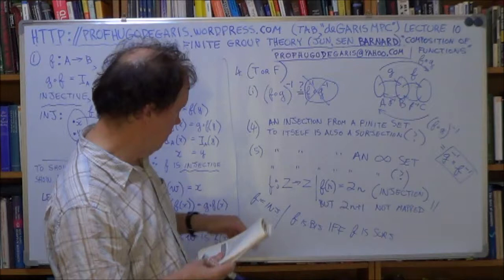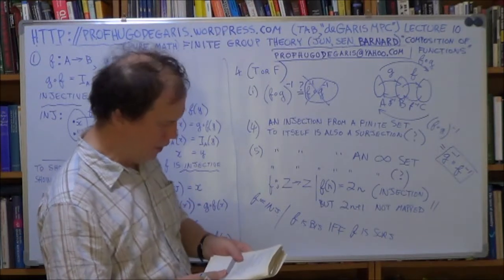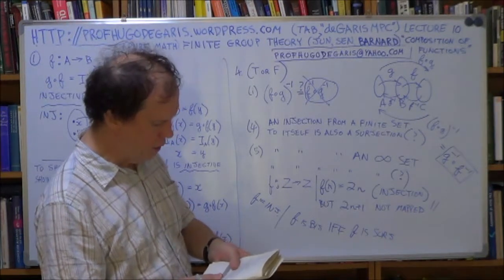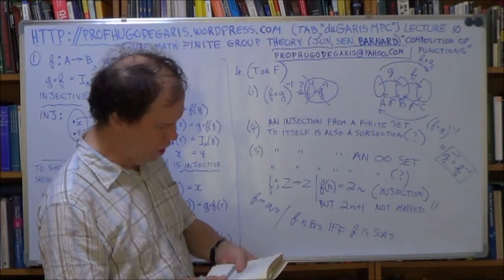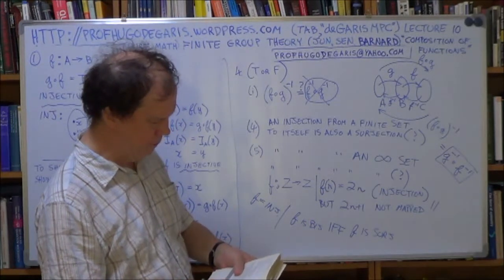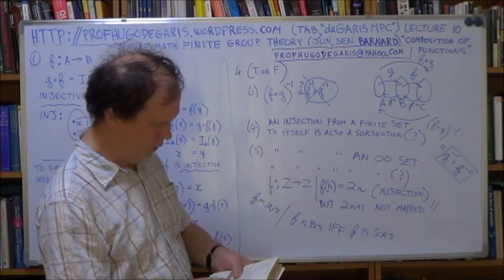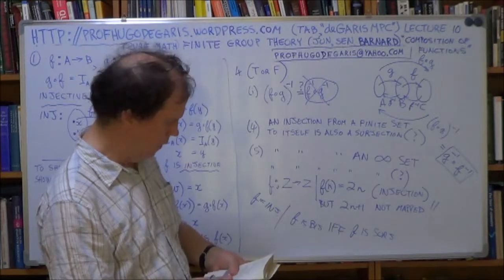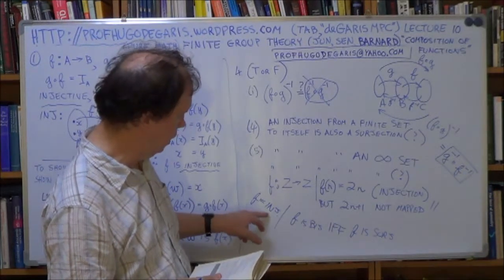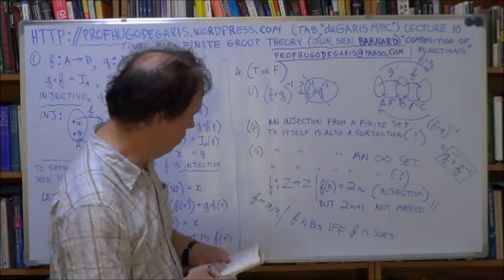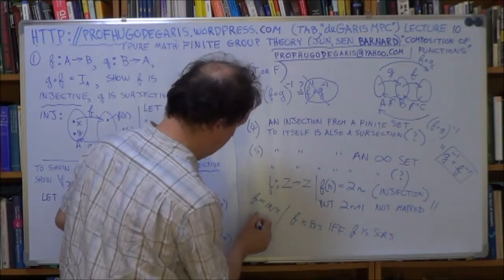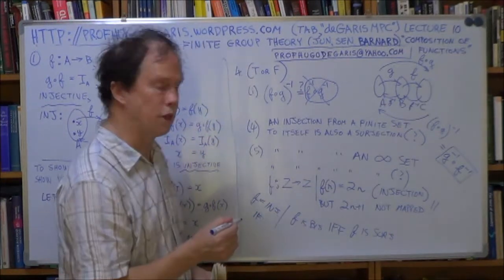Now, be careful with the wording. An injection is a bijection if and only if it's a surjection. So we're starting with it being an injection. Let's do the if case first, as usual. You usually start with the if.